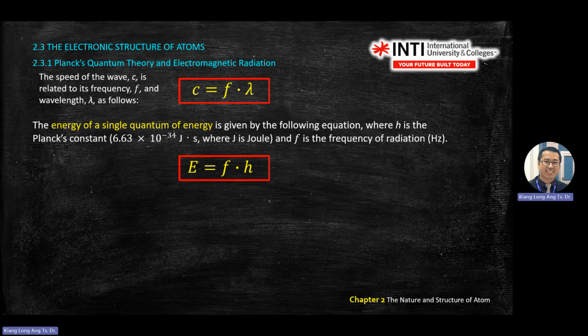Just a reminder, every time you solve a question, don't just give me numbers. Write the general equation first, then only you substitute. So c = fλ, E = hf, where h is the Planck constant.